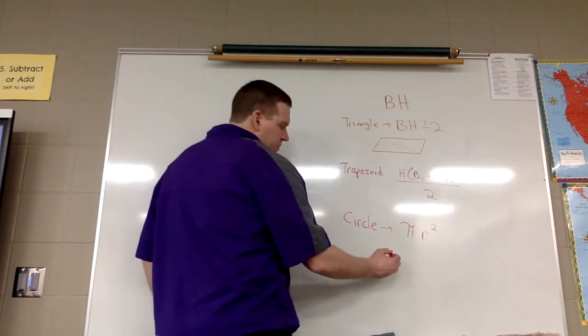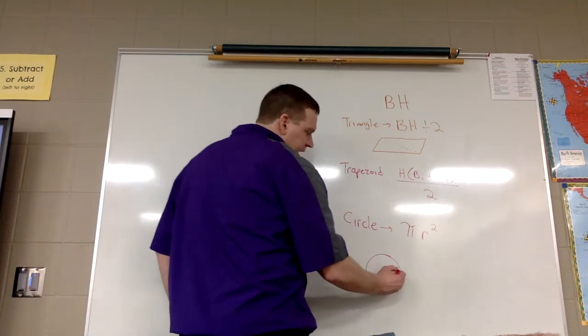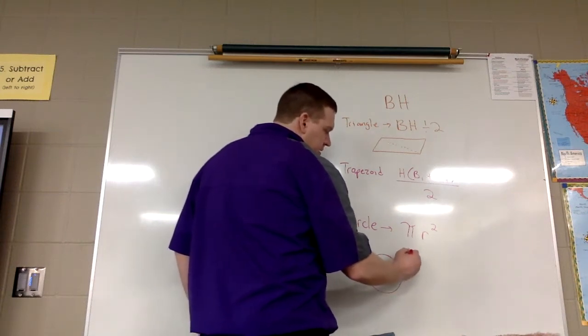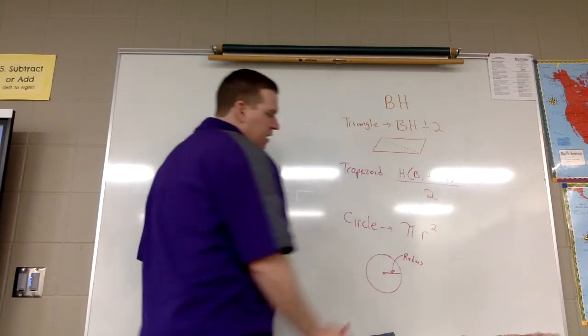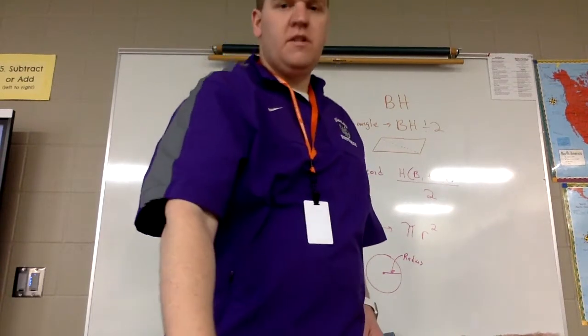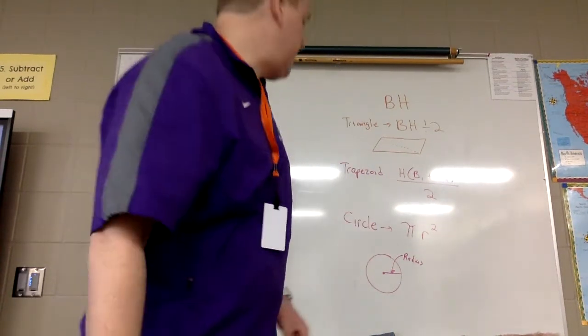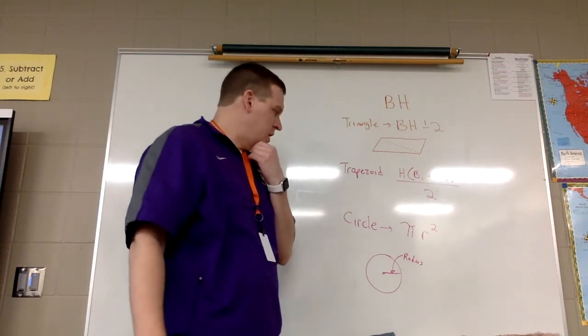Remember, in a circle, the radius is halfway across. So we have been finding the circumference or the diameter, but now we are dealing with the radius.